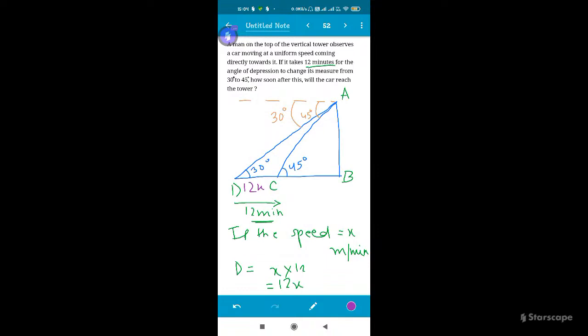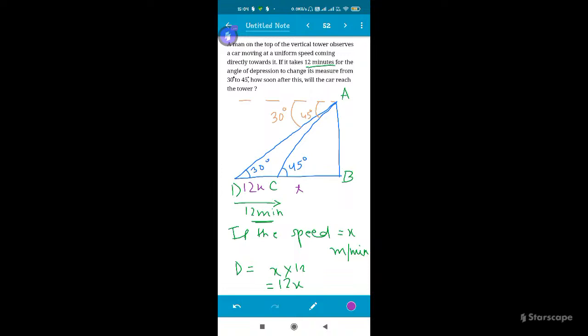I hope this is clear to you. Now one more thing we have to find: how much time it will take to move from C to B, that means from its second position to the foot of the tower. Let us consider that the time required for the car to move from C to B is t minutes. We have all the values in minutes.